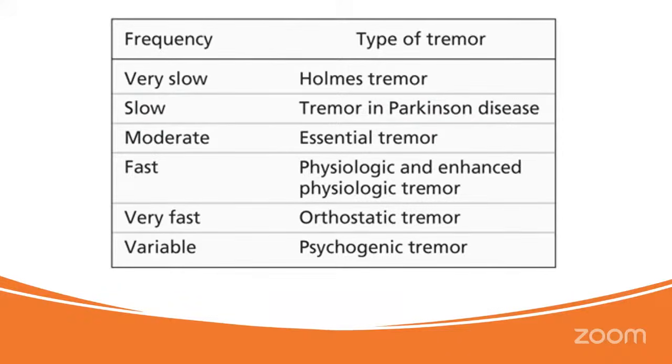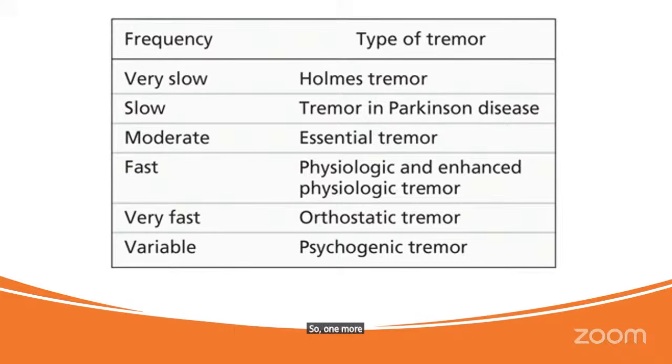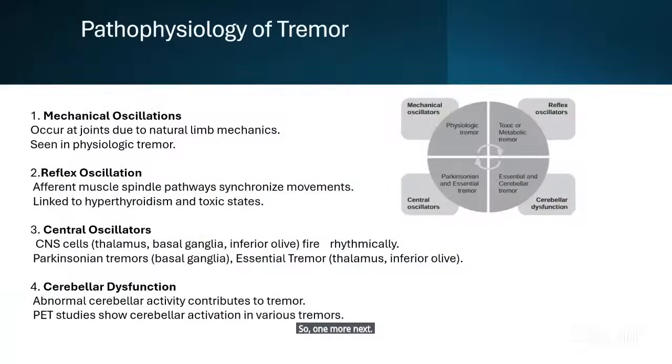I just. So, based on the frequency of some tremors, so primary orthostatic tremors are having the highest frequency, that is 14 to 18. So, one more next. No. I think that was missing.